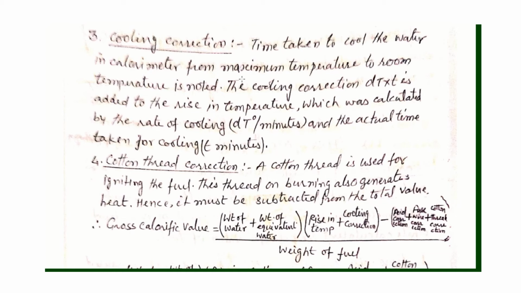During this return from T2 to room temperature, or T1, how much time it takes, we also have to write down. The cooling correction, dT into t, is added to the rise in temperature, calculated from the rate of cooling, dT per minute, and the actual time taken for cooling, 3 minutes.